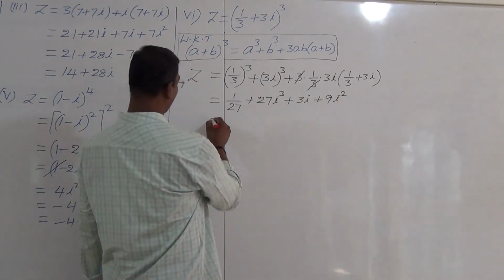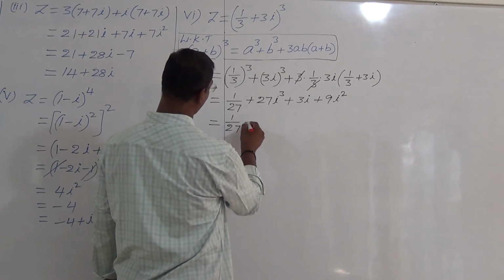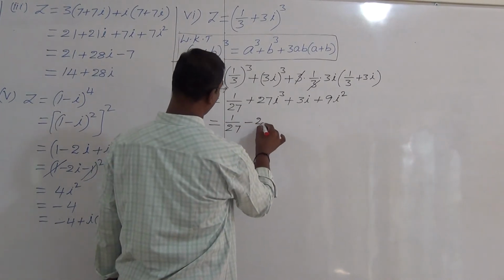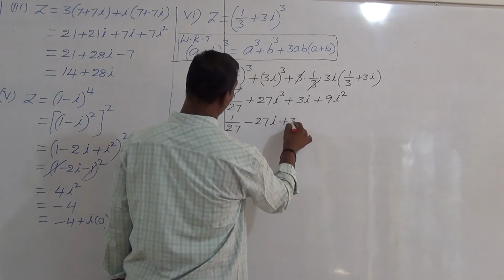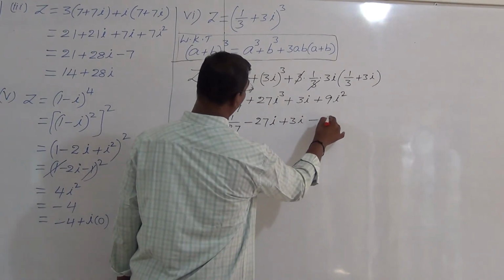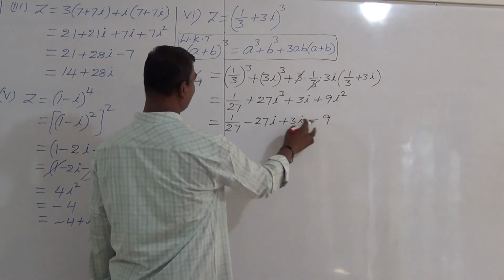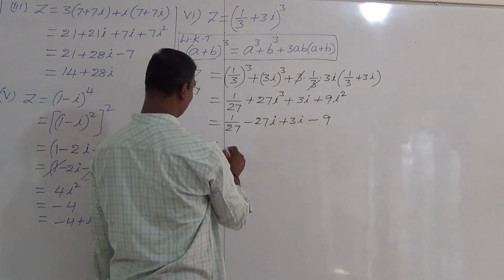Now simplify. This is equal to 1 by 27, i raised to 3 is minus iota. So remember always these values, plus 3 iota minus 9. Taking together, 1 by 27 minus 9.